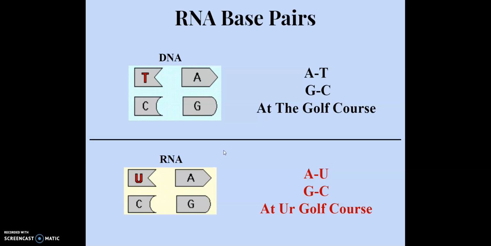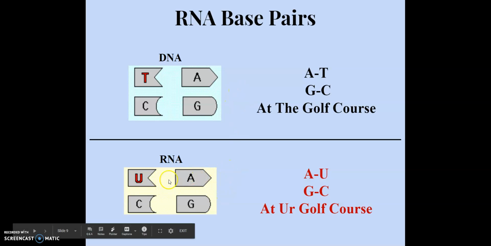So if it has a different base, then how are the base pairs going to act? We know that apples go in the tree, A goes with T, G goes with C, the cars go in the garage. That's how we know the base pairing for DNA. For RNA, it's a little different. A is going to go with U, because we don't have T anymore.